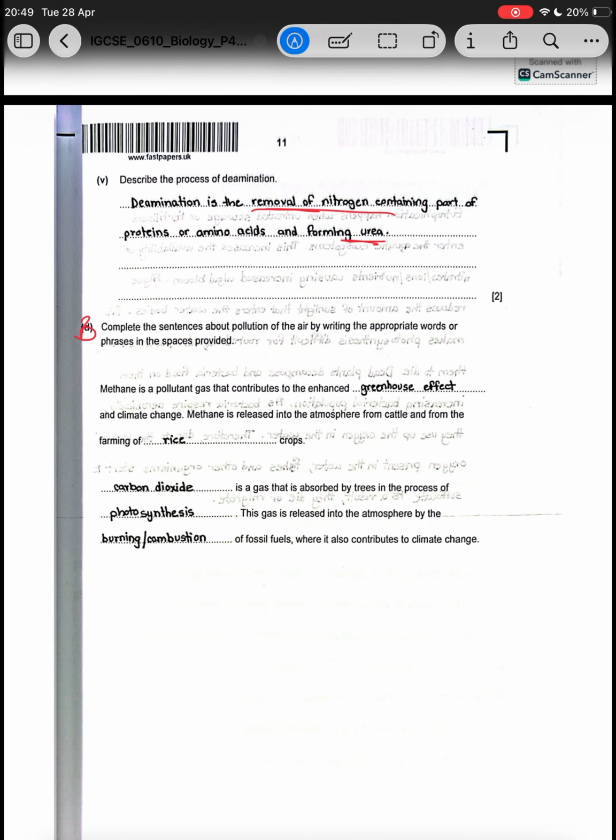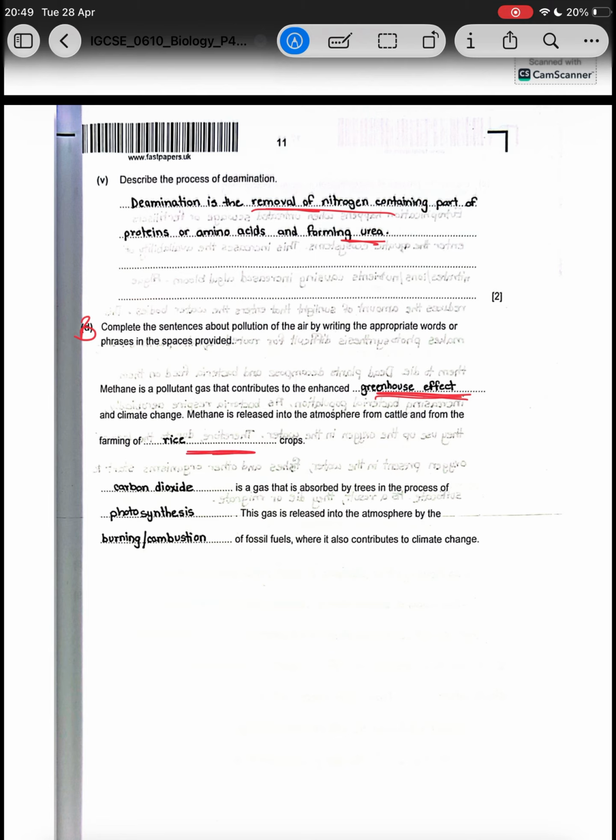Okay, so this will be B. Complete the sentences about pollution of the air by writing the appropriate words or phrases in the spaces provided. Methane is a pollutant gas that contributes to the enhanced greenhouse effect and climate change.